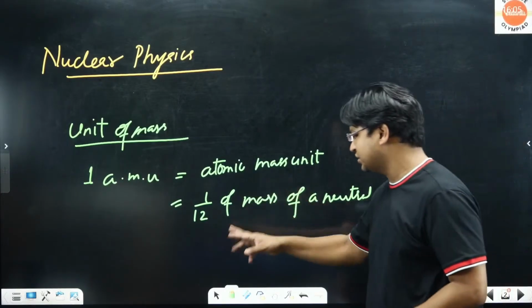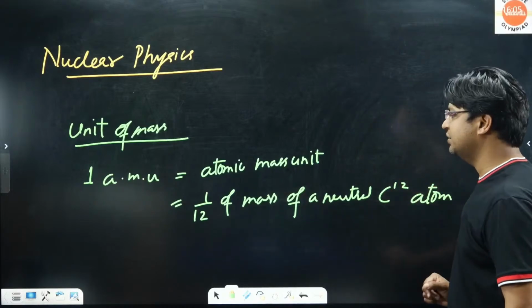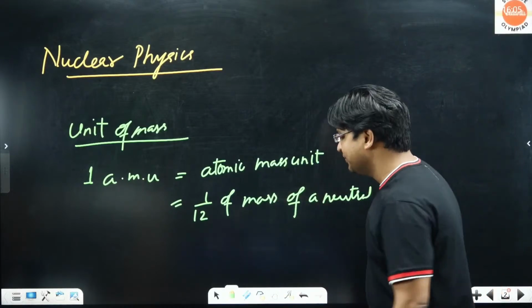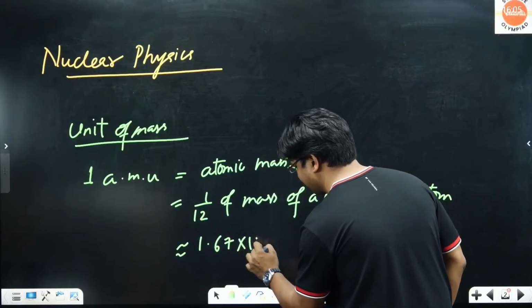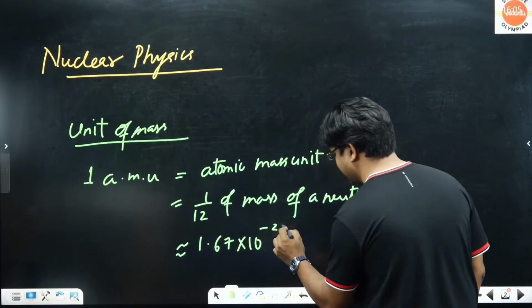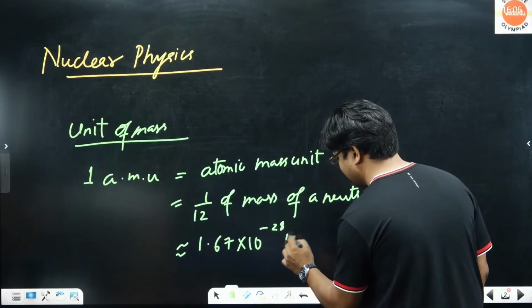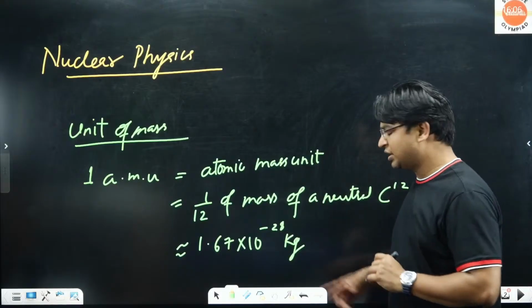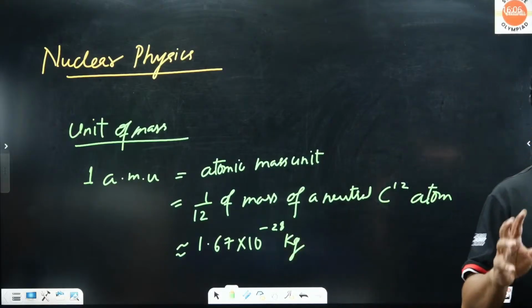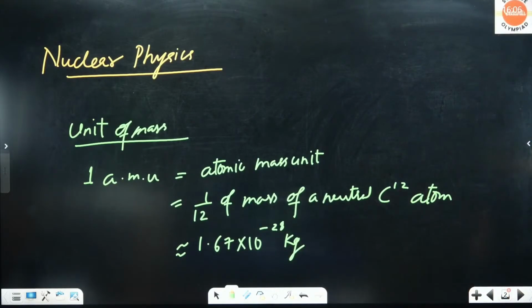So it is 1/12 of the mass of a neutral C12 atom, that is 1 AMU. Its value is somewhere close to 1.67 into 10 raised to power minus 28 kg. That is the value of 1 AMU.